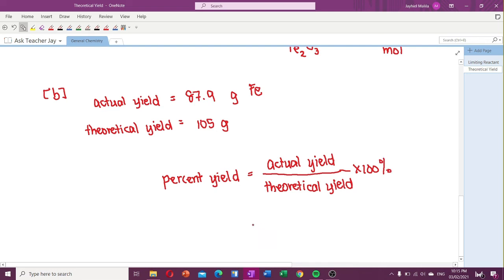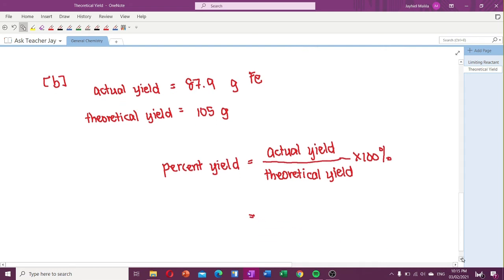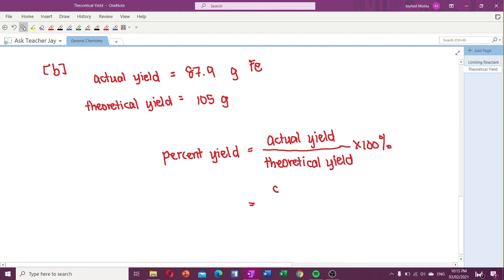I think this is easy in this part. You just need to plug in the values: 87.9 grams of Fe over 105 grams of Fe, and then multiply it by 100.